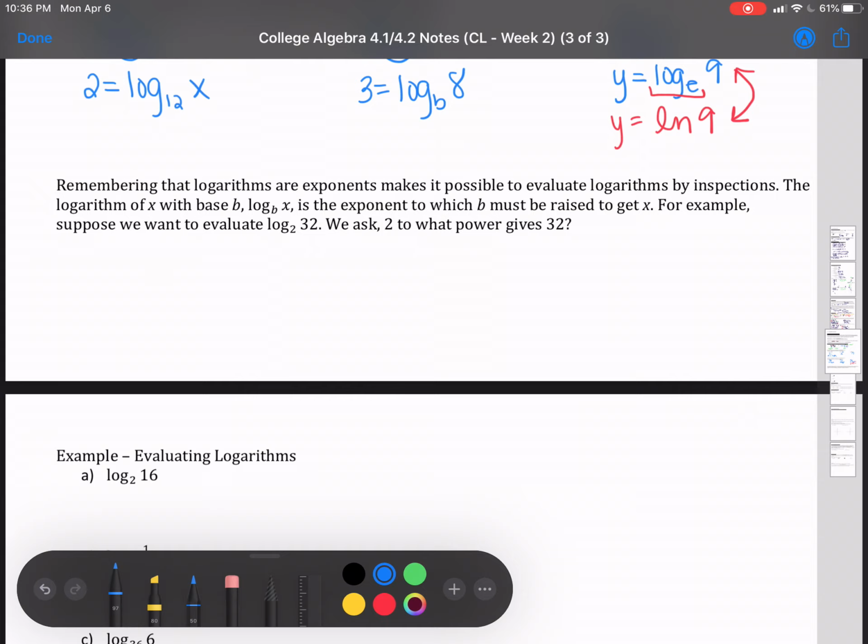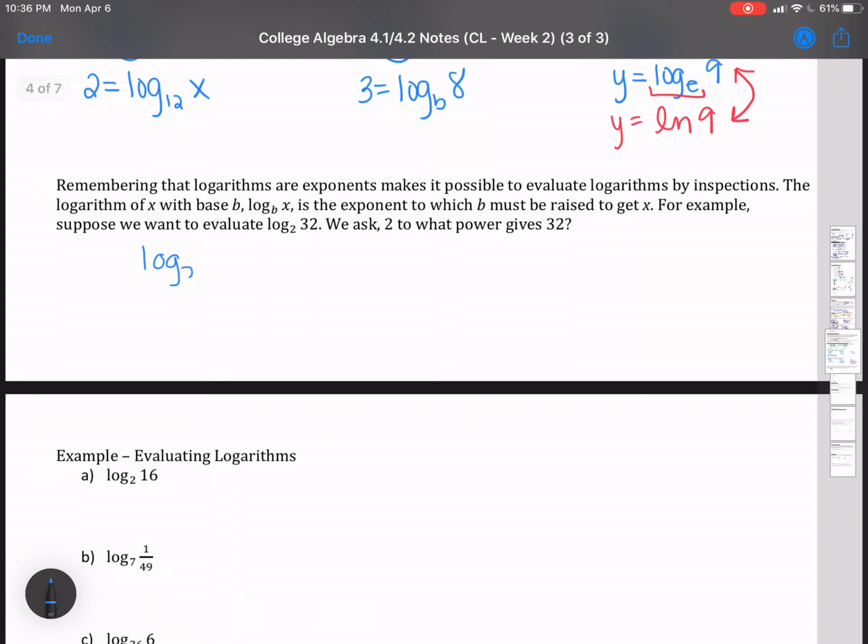One way to think about this: we want to simplify this to some value, I'll say it equals x. We can loop and swoop, so we have 32 equals 2 to some power. And then it's just a matter of plugging it into your calculator.